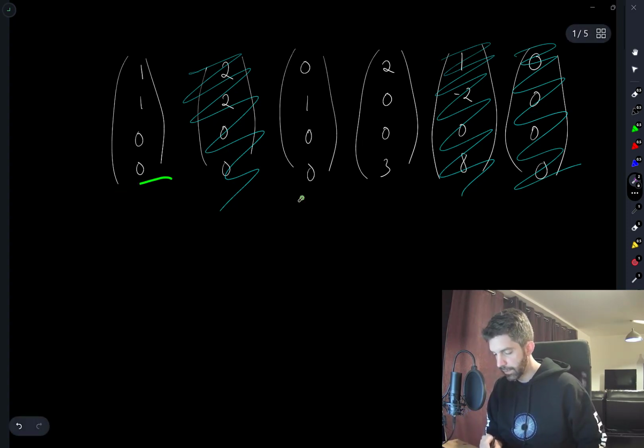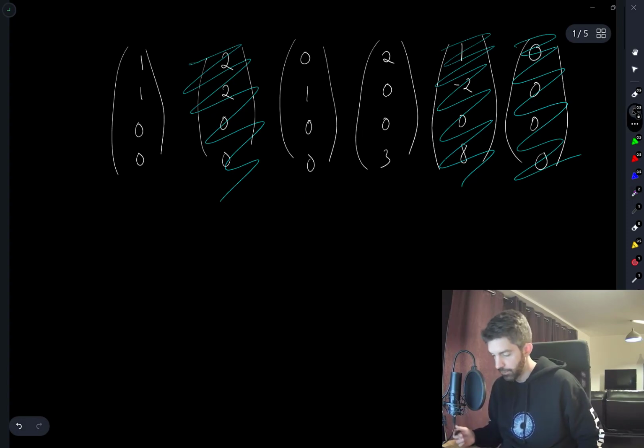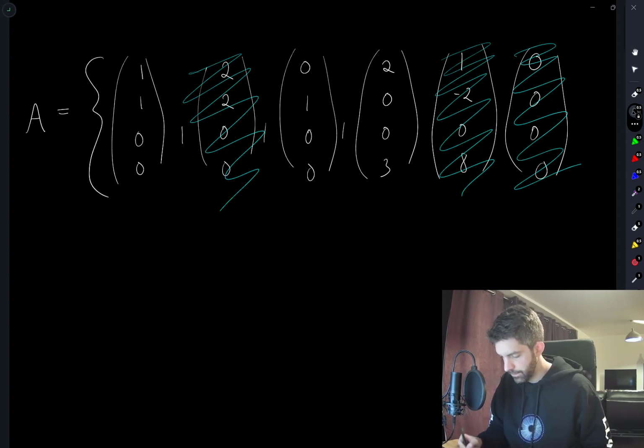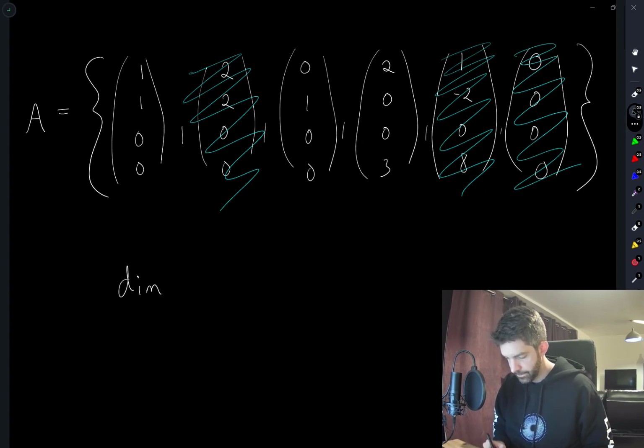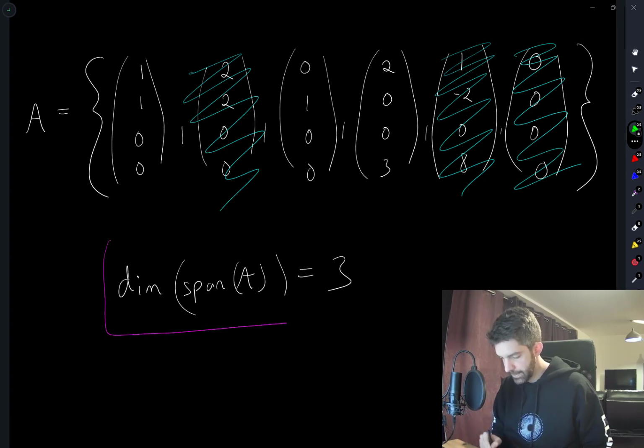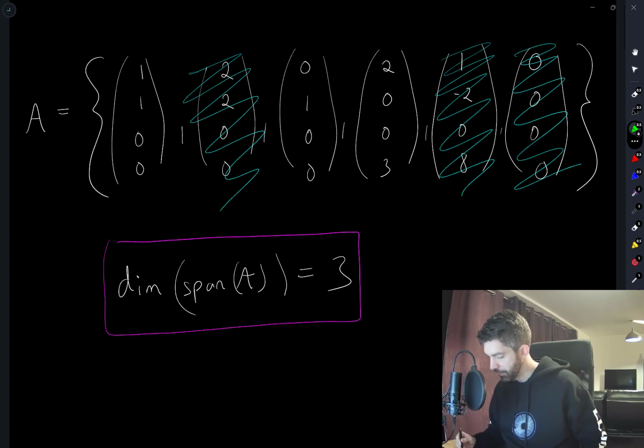So these 3 vectors are linearly independent, and so their span is going to have dimension 3, which is the number of vectors. If I call this collection of vectors A, then the dimension of the span of A will be equal to 3, which is one of the options we're given. So pretty confident in this one.